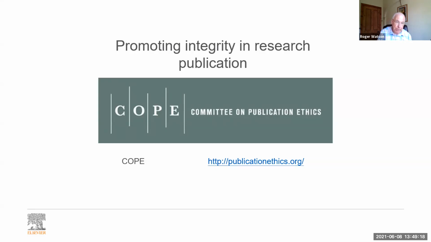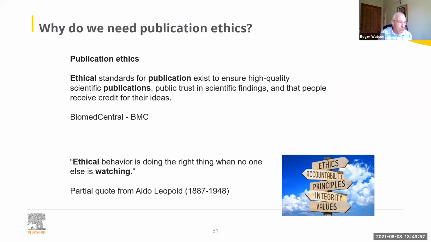All the major publishers support COPE, and therefore all the major journals in most fields, perhaps not in the humanities, but science, medicine, psychology, nursing, and other allied health professions, all adhere to COPE guidance. There's a web page which you can check, and if you've not had the opportunity to look at the COPE webpage before, I would strongly urge you. It is multilingual. I'm not sure if it's available in everyone's language who's listening, but of course it's also available in English. There are translations for some countries. It contains a great deal of useful information, which I will leave you to explore.